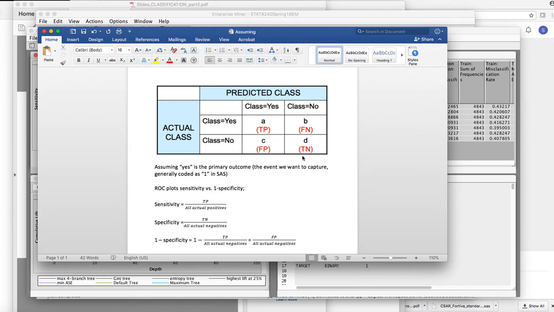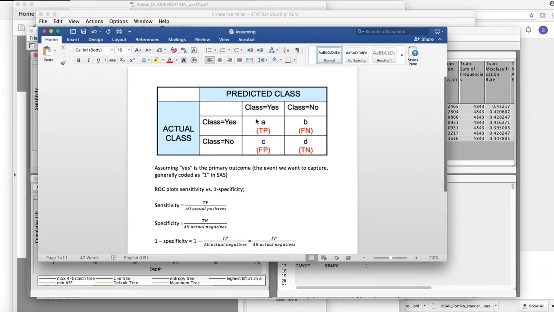So we have this confusion table. The rows are the actual classes, and the columns are the predicted classes based on the model. This cell is the true positive, a correct decision, and this cell is another correct decision, the true negative. These two cells are the mistakes we introduced in class last time: one is the type 1 error, one is the type 2 error.